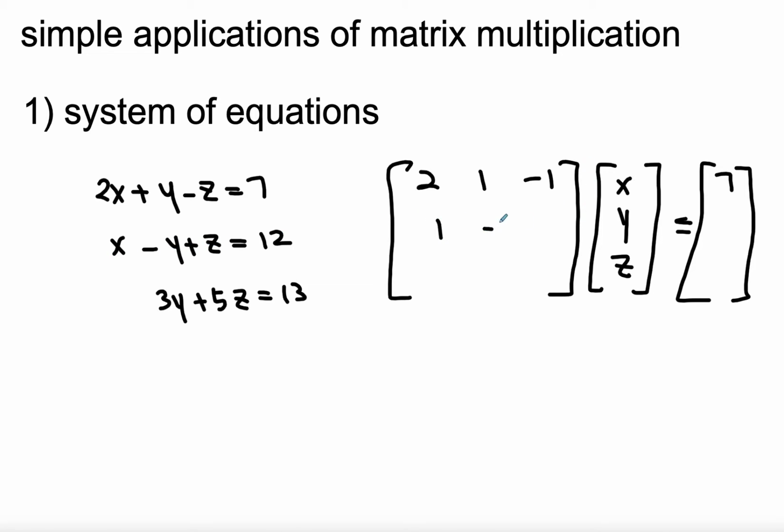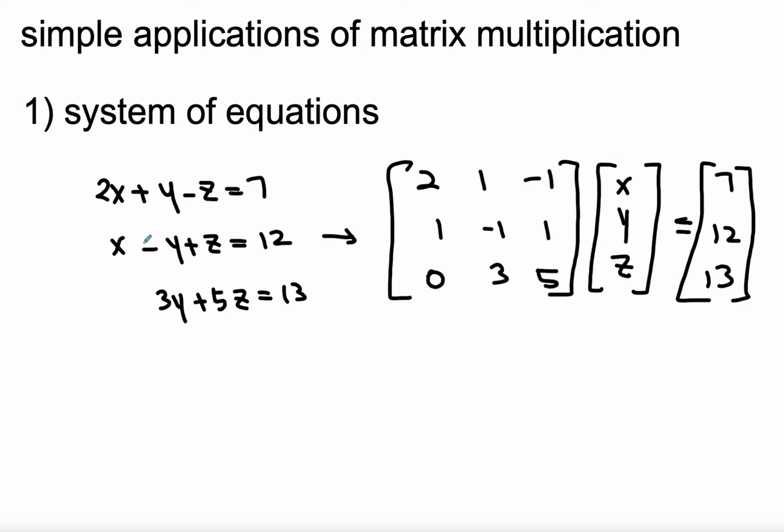When you multiply them, we get 12. Thirdly, we don't have anything for x, so we write down 0, and 3 and 5 are multiplied to x, y, z, hence we get 13.